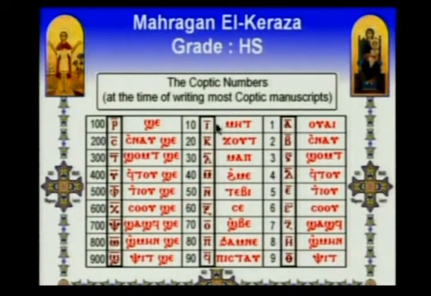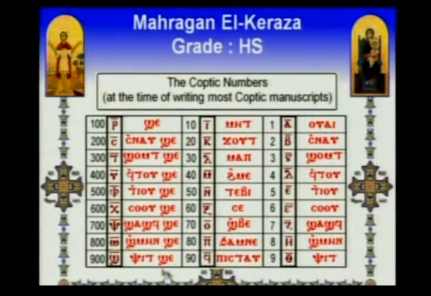So the first one is 10, the second one is 20, third one is 30, 40, 50, 60, 70, 80, 90, and 100. If we want to say 11, you would take this 10 and put it with this one. If we want to say 19, this one with this one would be 19.